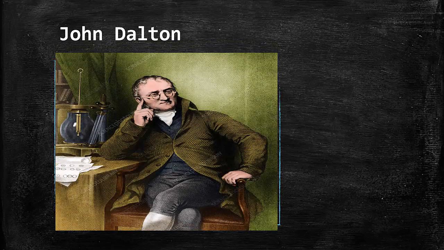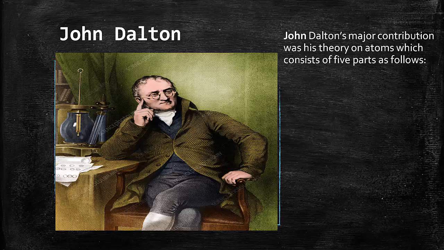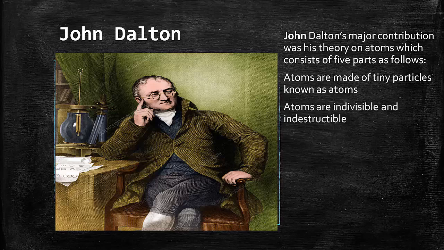The next major discovery was done by John Dalton. John Dalton's major contribution was his atomic theory, which consists of the following five parts. The first point was: matter was made of tiny particles known as atoms. Atoms are indivisible and indestructible.